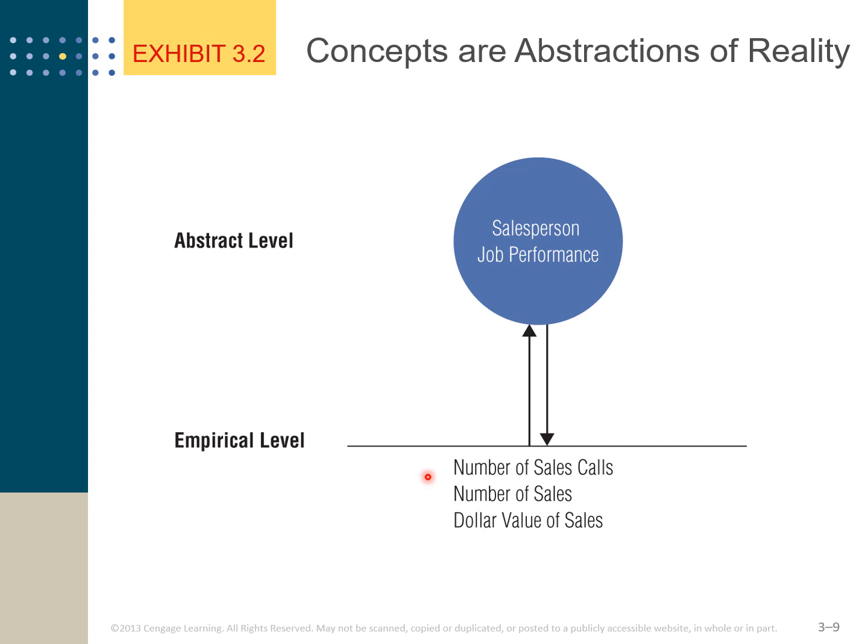We bring it down from the abstract level to the empirical level by looking at other, related things that we can observe and measure. For salesperson job performance, we might look at the number of sales calls they make each week, the number of actual sales they close per month, the total dollar value of those sales.